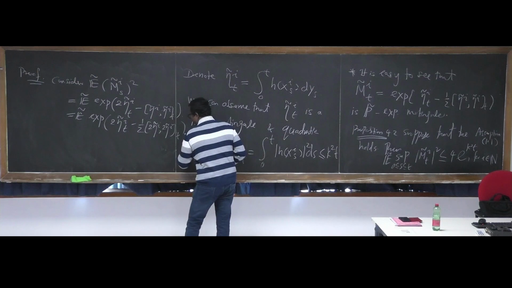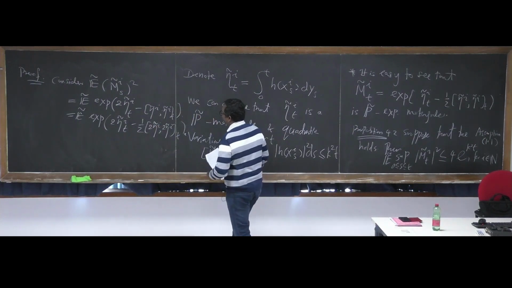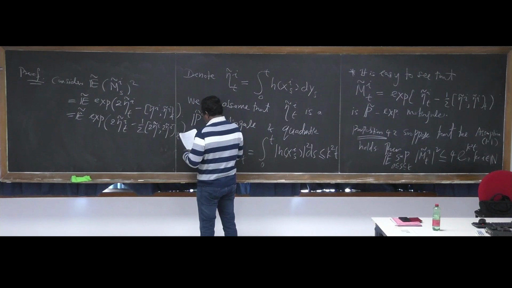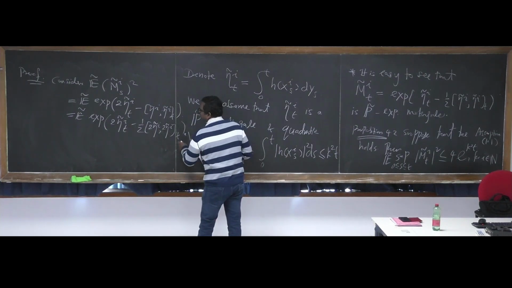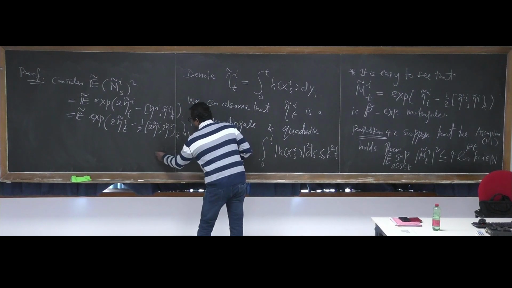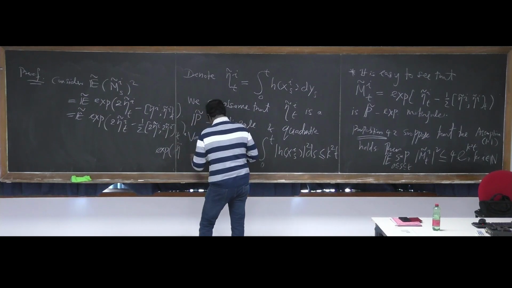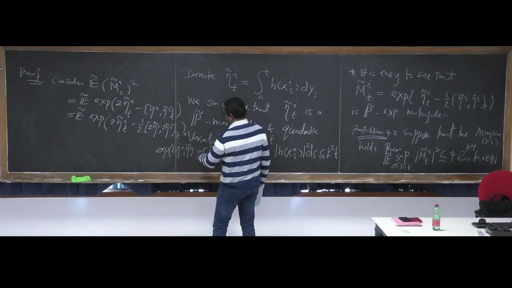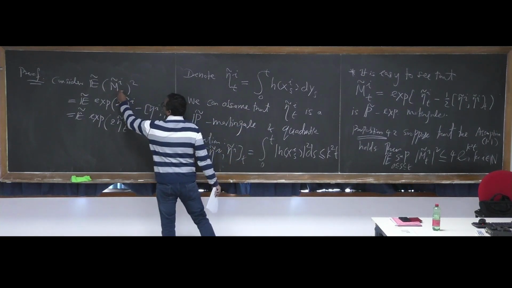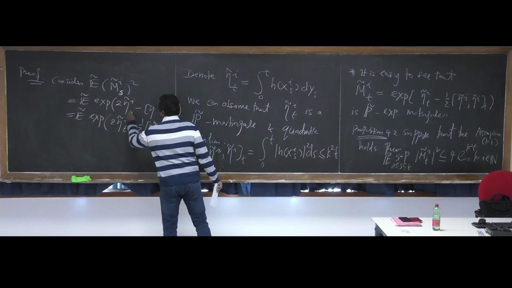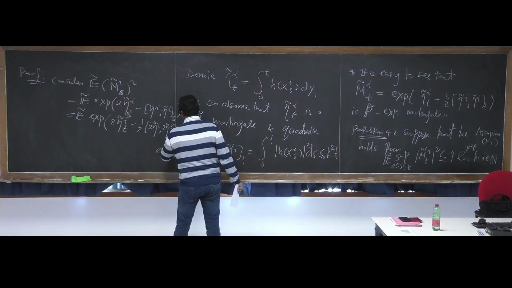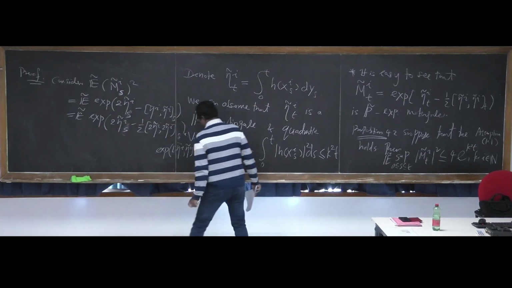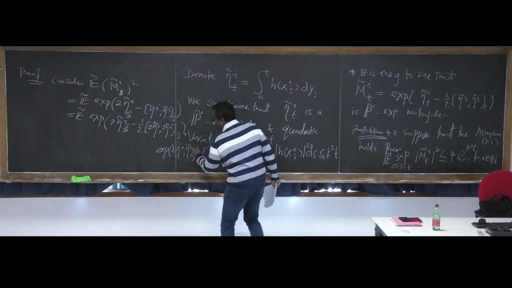Times, so I missed one term over here. We have to actually compensate with this exponential, the quadratic variation of eta tilde I. Oh, I'm sorry, I used the time variable as s, so therefore this is s, and this is s.